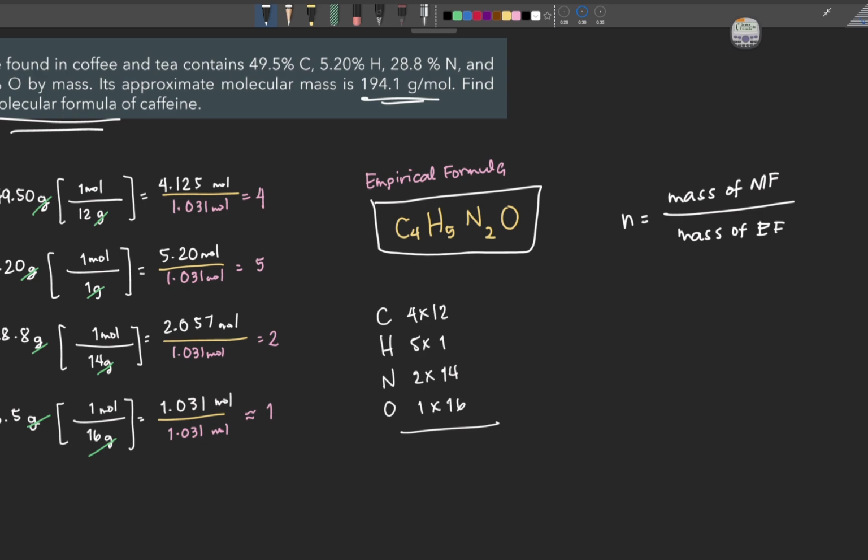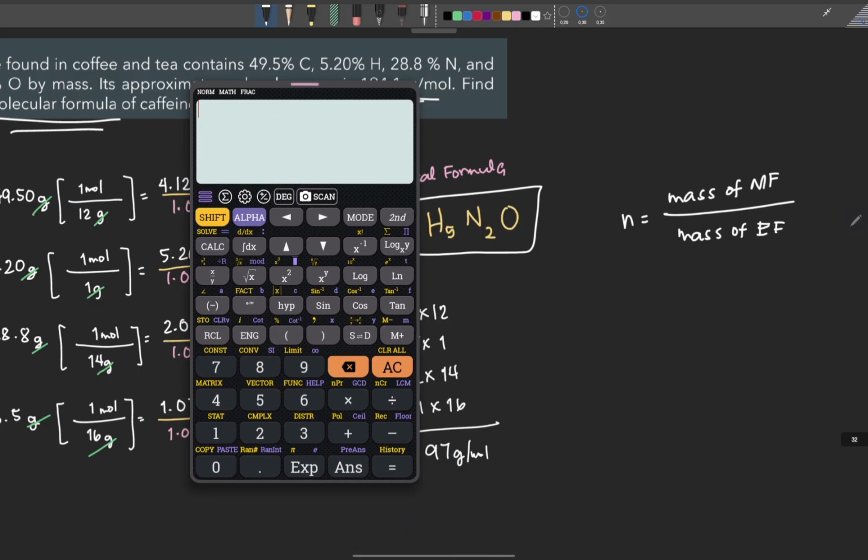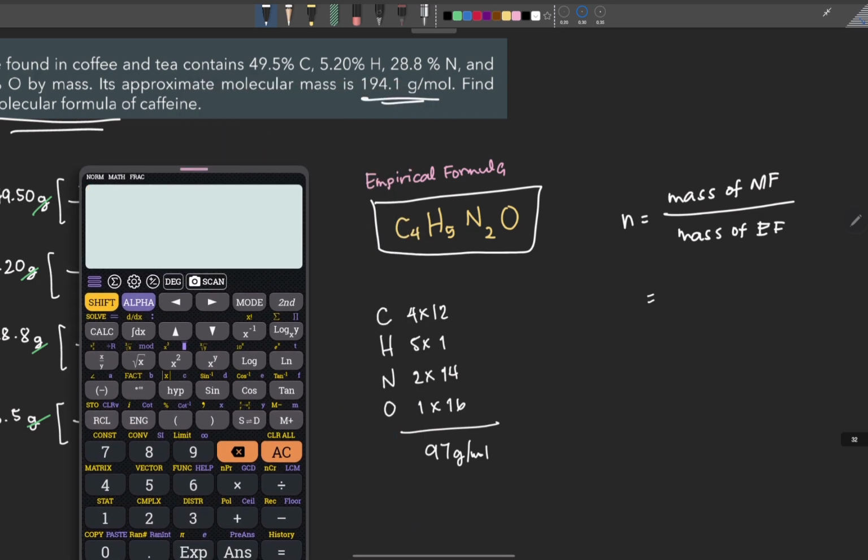So this one will be 4 times 12 plus 5 plus 16 plus 28. What's that? There, 97. So 97 gram per mole. We'll use that here. So the mass of the molecular formula is 194.1 gram per mole.